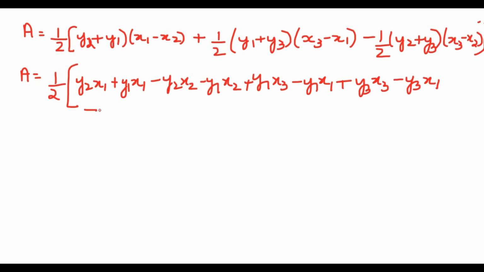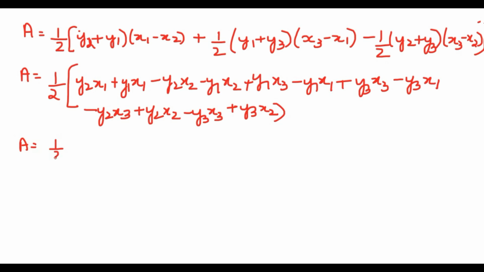So minus y2 x3, minus into minus plus y2 x2 minus y3 x3, again minus into minus is plus, so y3 x2. So just I have opened the bracket, y2 into first term into the bracket plus second term into the bracket, then I have opened the bracket. Now we need to simplify this.